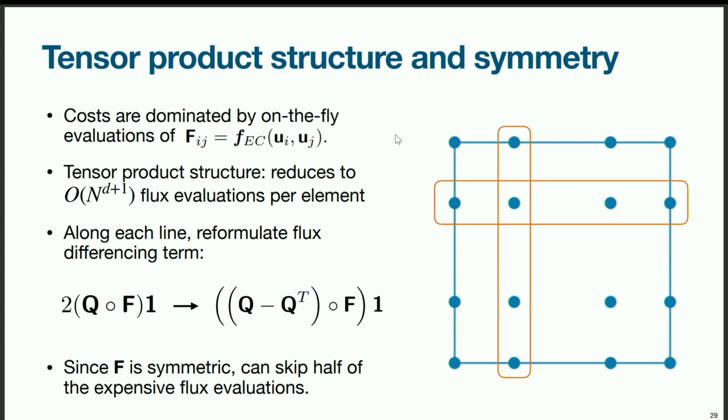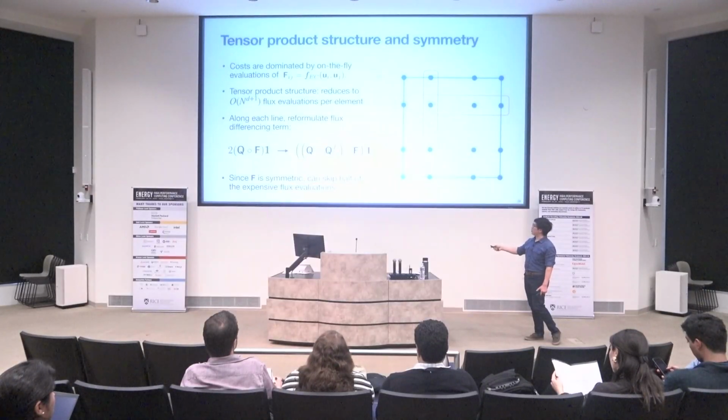It turns out that these flux evaluations that are buried in here can be decomposed so that they really only have to happen between sets of nodes in a line in each individual dimension. So already, this decreases the number of flux evaluations that we need to have on an element by a really significant factor. We can also do an additional trick where along each line, we can cut the number of flux evaluations we have to do in half by using some numerical reformulations.